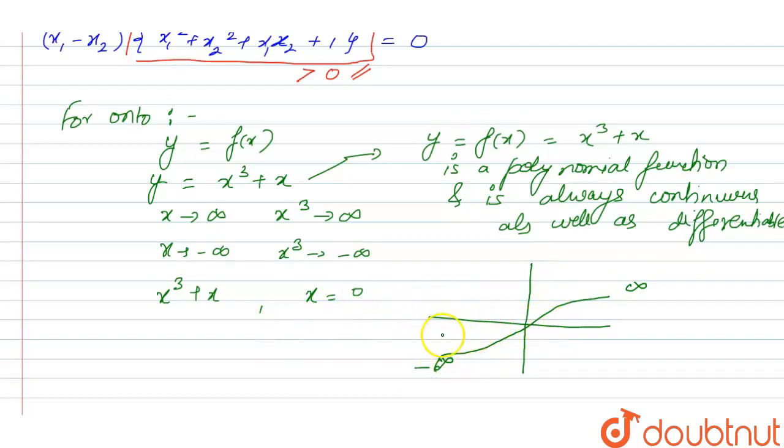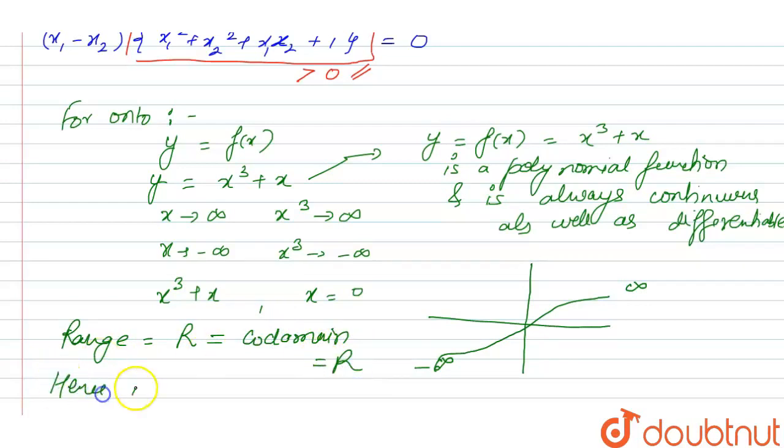This range is for real numbers. So we can say that the range of this function is the set of real numbers, which is also equal to the codomain of the function, codomain R. Hence it is an onto function.